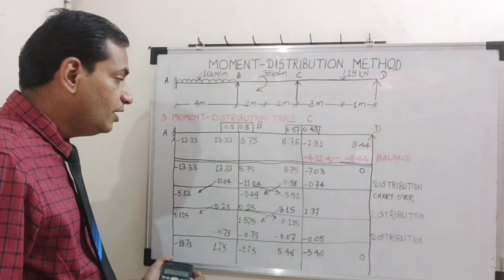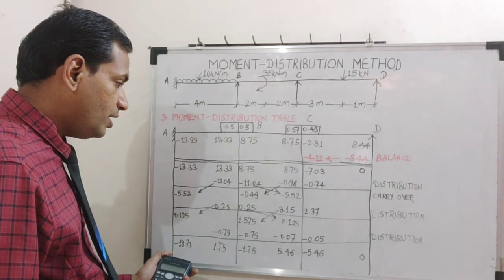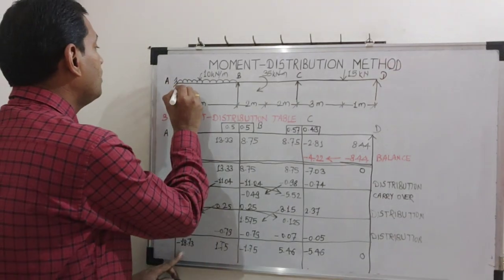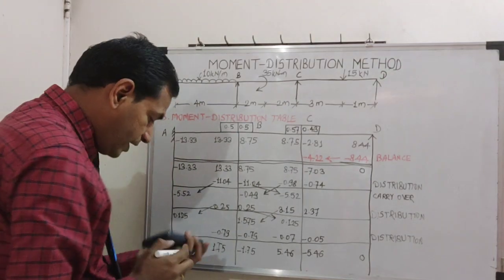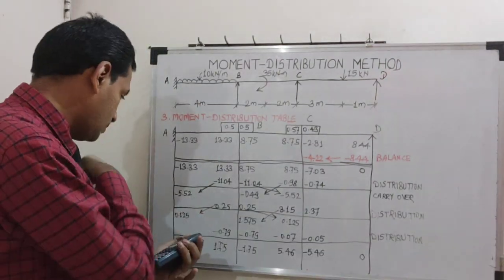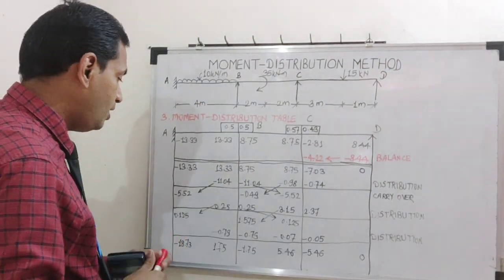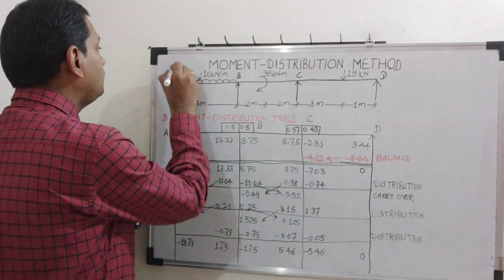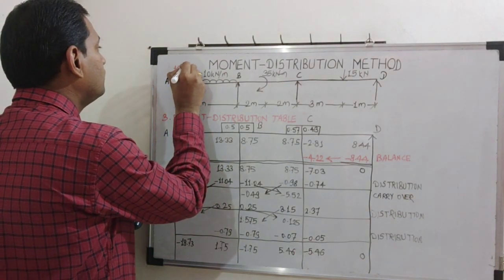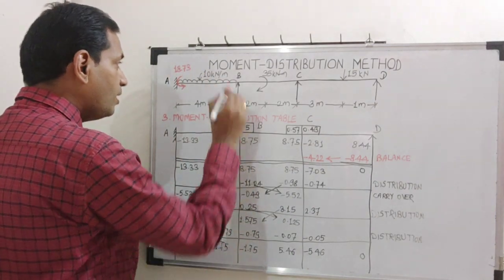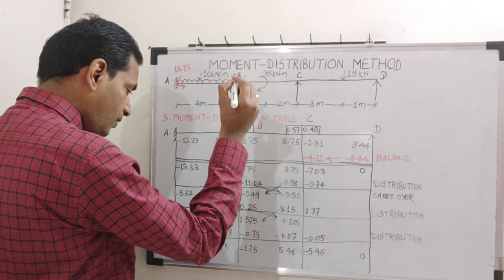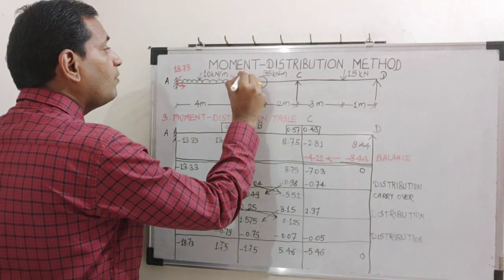Again, somewhat lengthy part, but there is no alternative. So let us do it quickly. I will just note down these values here with red color. So minus 18.73 here, anti-clockwise. Then on this end, this is clockwise, another is anti-clockwise, value is 1.75.